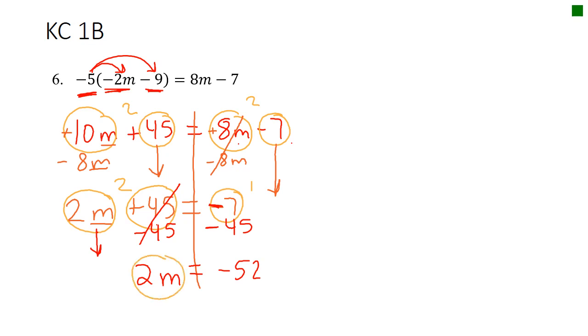This is 1. And then I have one term on the other side. That means that now I can do, what am I going to do to get m by itself? Well, I notice that it's 2m, so that means it's 2 times m. To get rid of that, I need to divide, right? Because we're multiplying, the opposite of multiplication is division. So this cancels out, and now I have m equals negative 26.